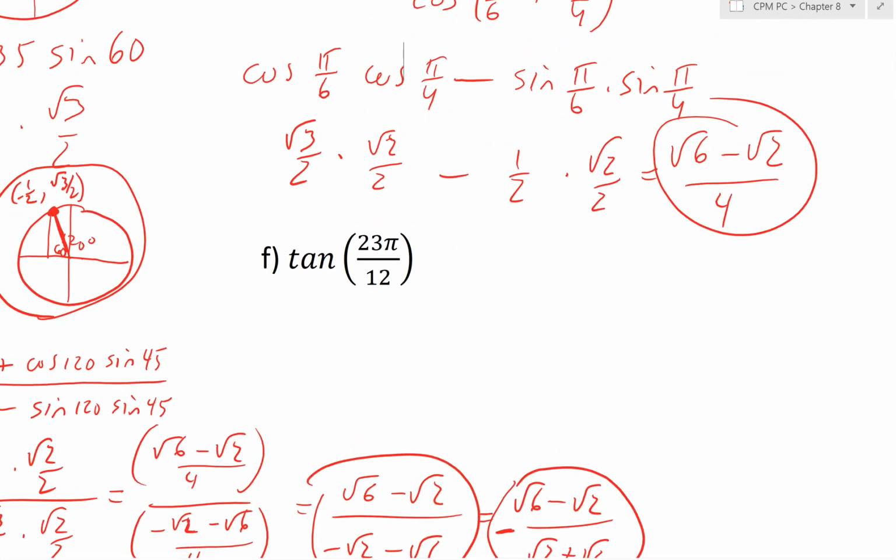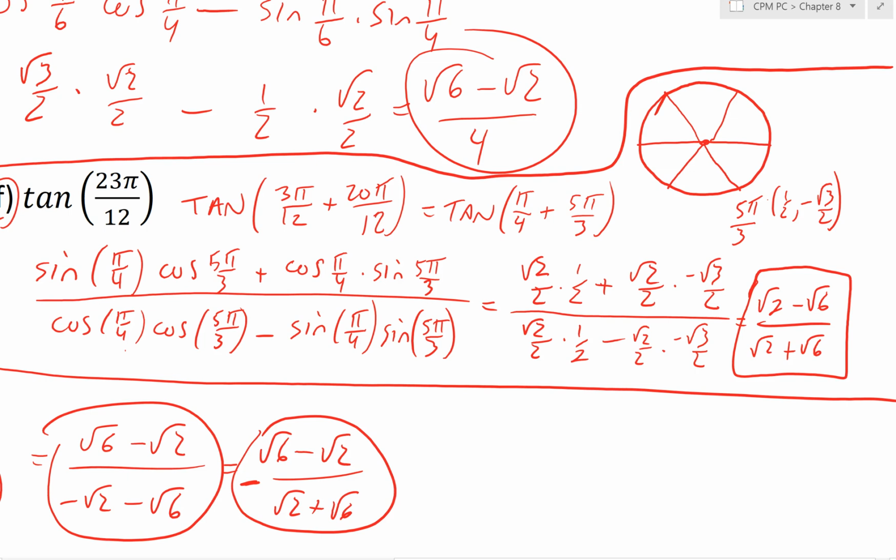Okay. Try the last one. Tangent of 23 pi over 12. On the unit circle, the way I broke it up was 3 pi over 12 plus 20 pi over 12, and 3 pi over 12 reduced to pi over 4, 20 pi over 12 reduced to 5 pi over 3, and we know how to do both of those. And 5 pi over 3 is right here.